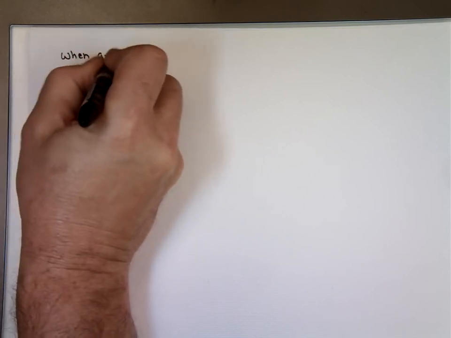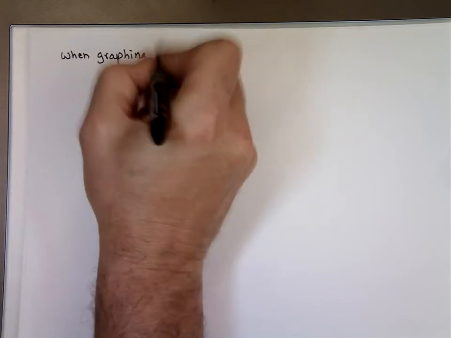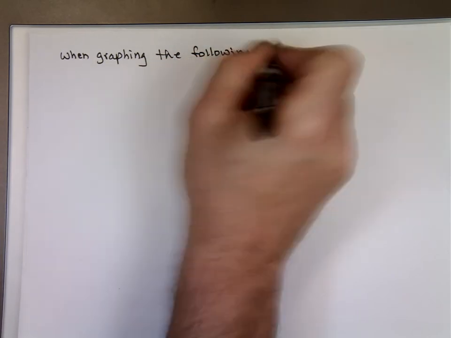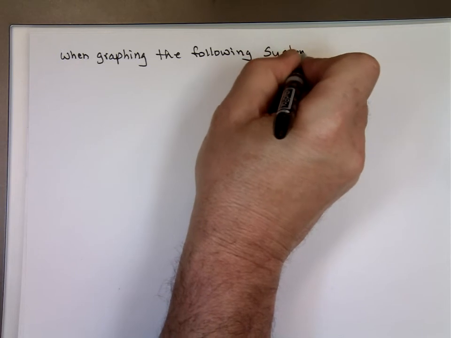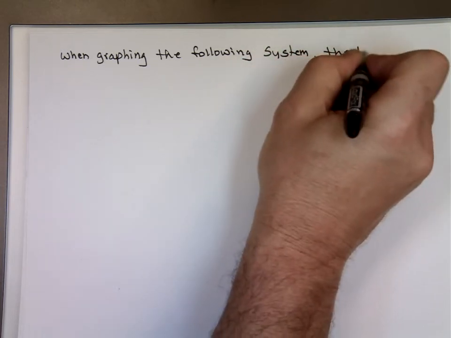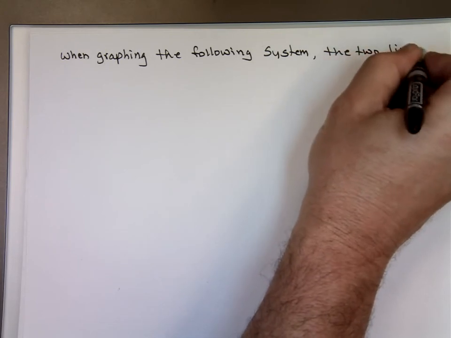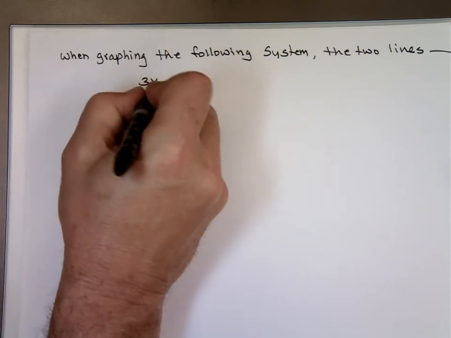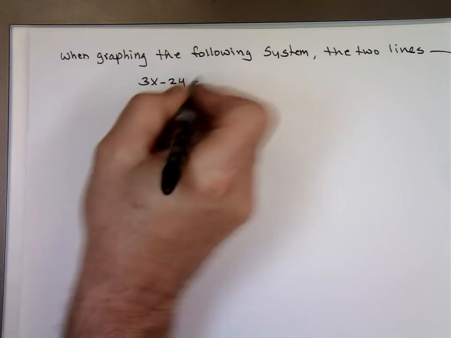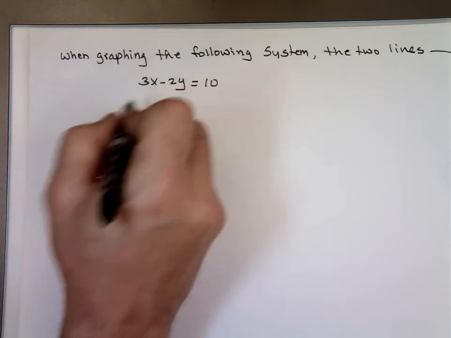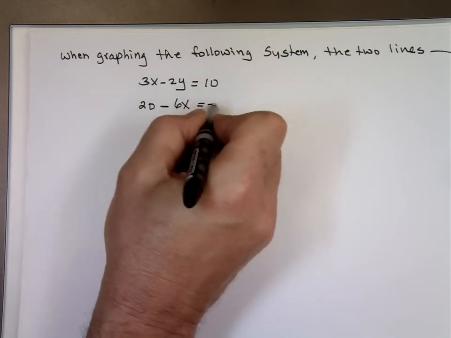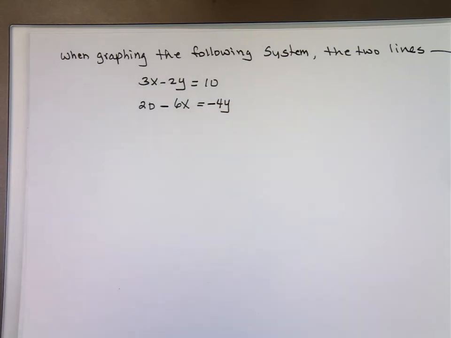Or when graphing the following system, the two lines are, when graphing them, and I'll give you the options later, but the system is 3x minus 2y equals 10 and 20 minus 6x equals negative 4y.